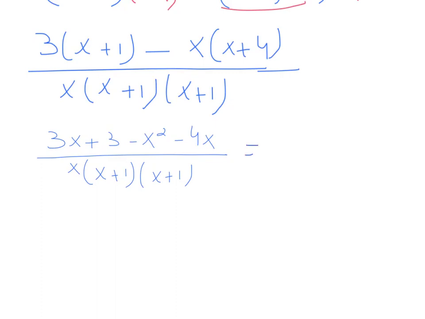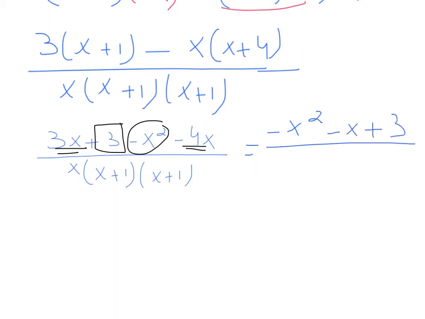Well, here we can add like terms. We have negative x squared by itself. We have 3x with negative 4x, and we have positive 3. So here we have minus x squared, 3x minus 4x will be negative x, plus 3 over x times (x plus 1)(x plus 1).